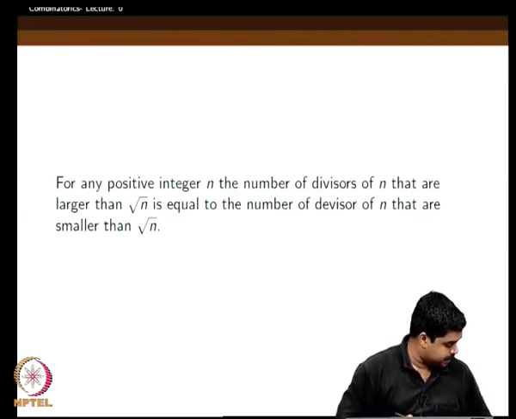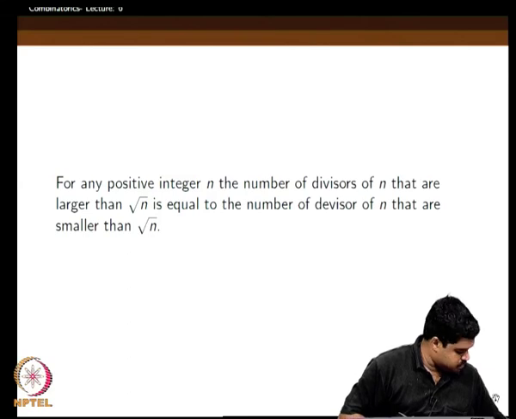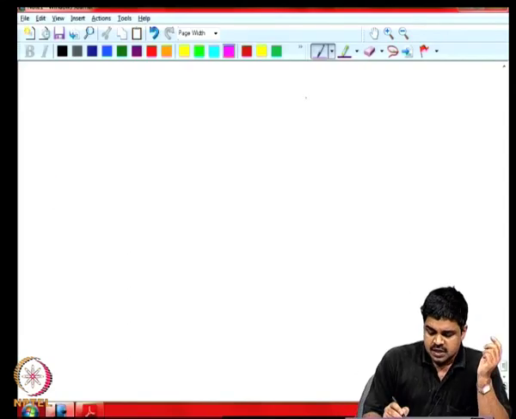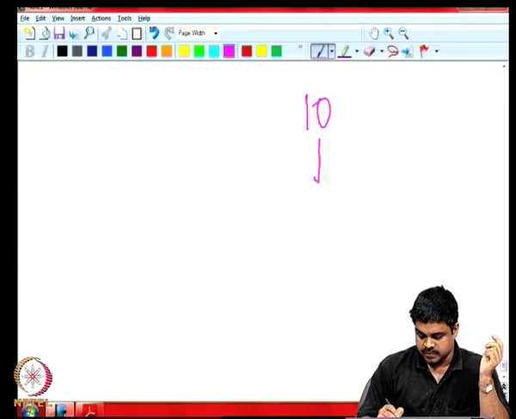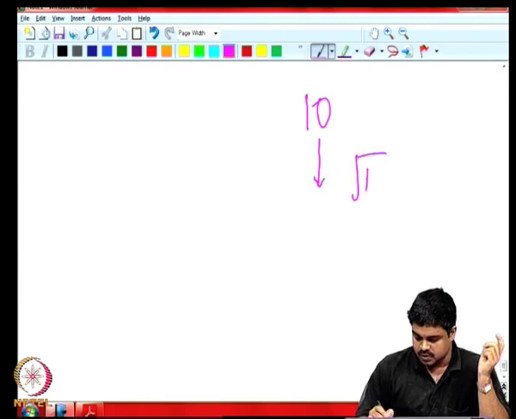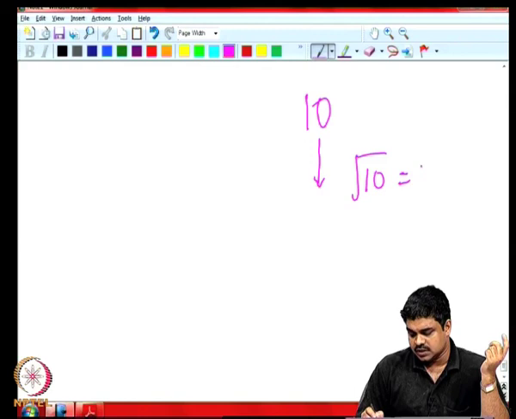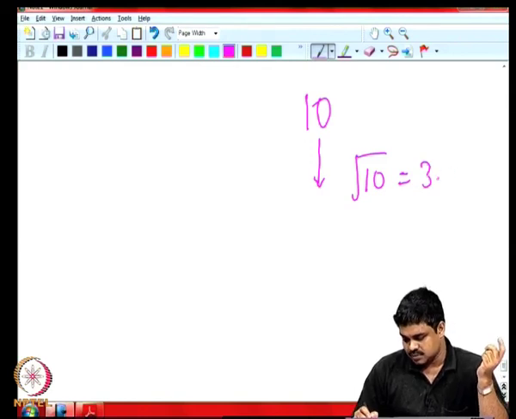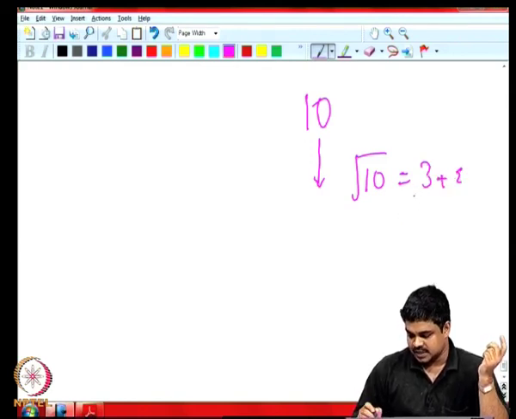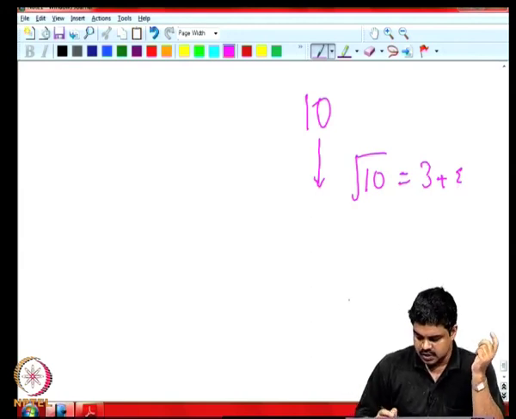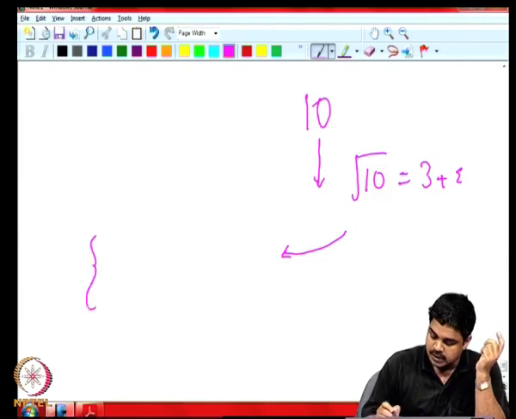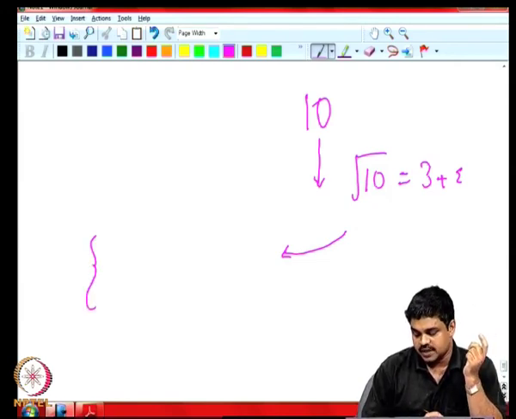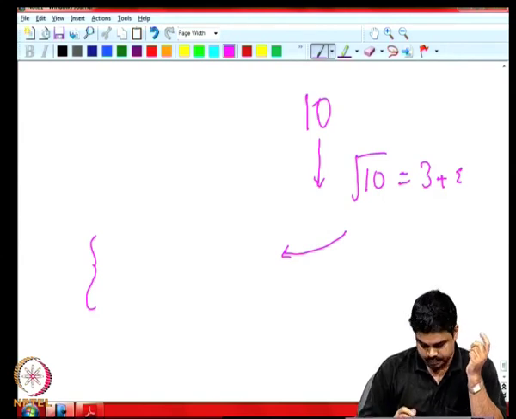So, what do we mean by this? Take a positive integer, say 10. It is not a perfect square, but what is root 10? Root 10 is something like 3 point something, some 3 plus epsilon. I am interested in the divisors of 10 which are below root 10, that means up to 3.